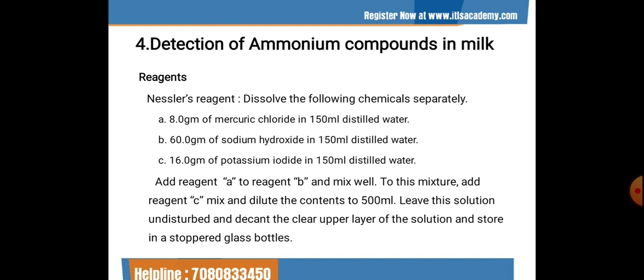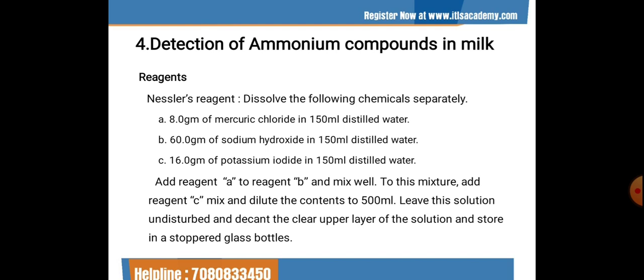Firstly, follow the step by step procedure only. Do not mix reagent C first. Add only A and B first, and after they are mixed properly, then add C. Mix and dilute the contents to 500 ml.